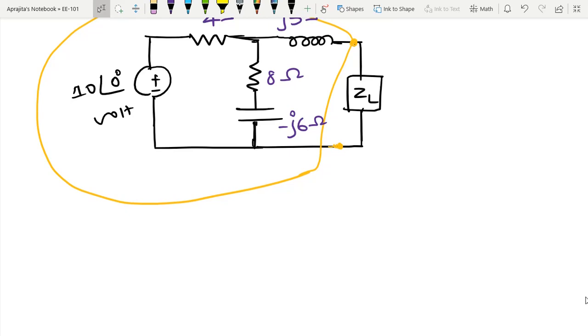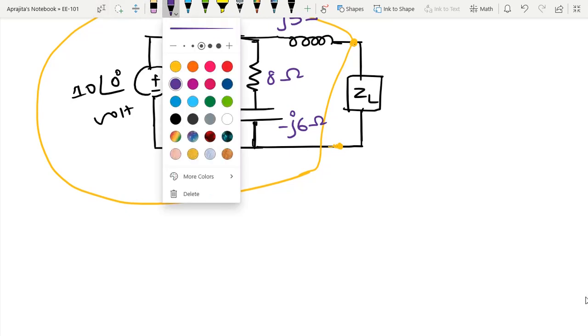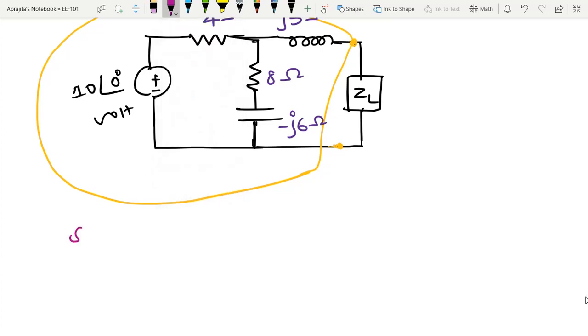Whenever we are talking about average power, at that time we are also talking about the steady state. So let us discuss the solution. The solution is like this.